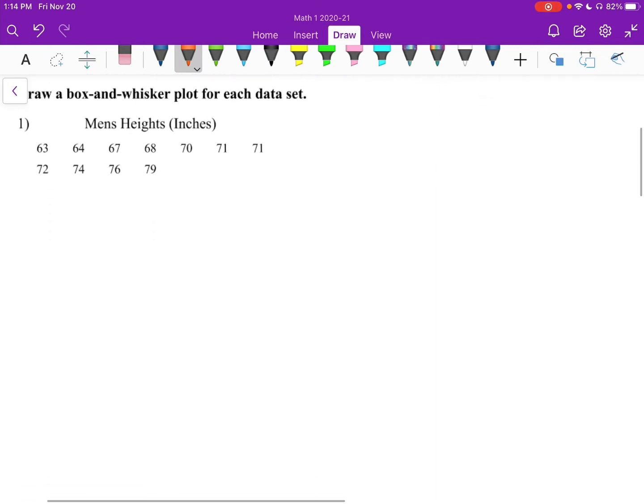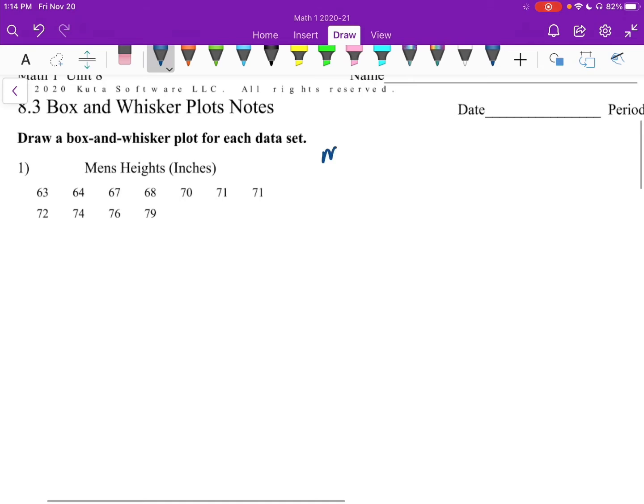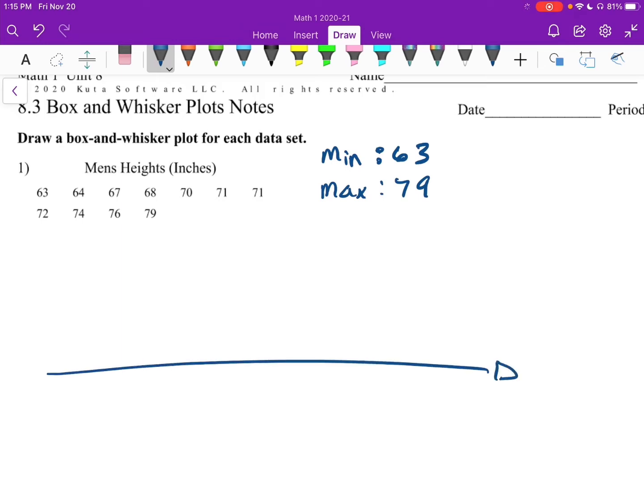So for starters, I'm just going to write it out here, our minimum, that's a min, is 63. Our max is 79. So I'm going to draw a number line here. And I'm going to have my smallest number be 73, not 73, 63.